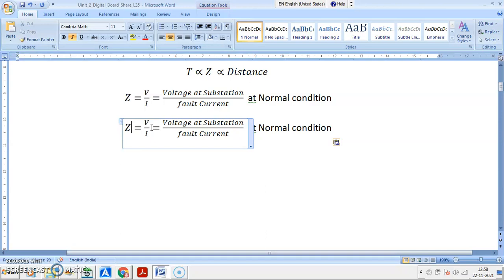So normally you are having Z, it is the impedance.